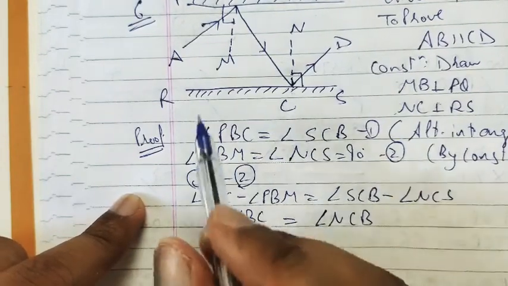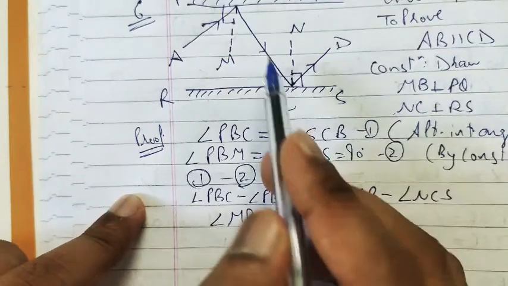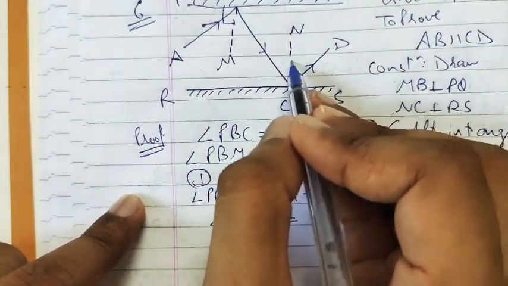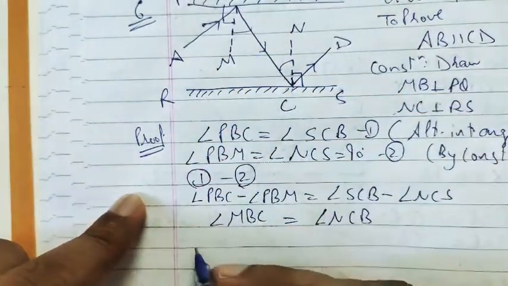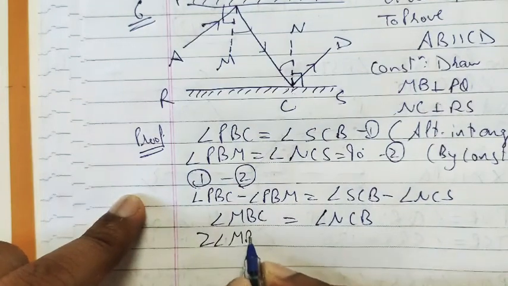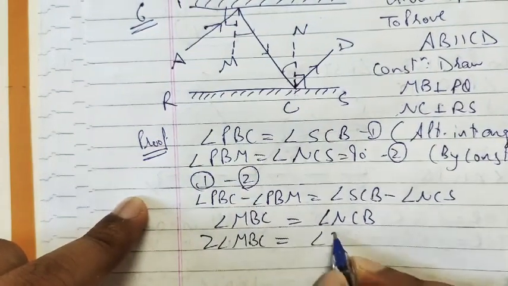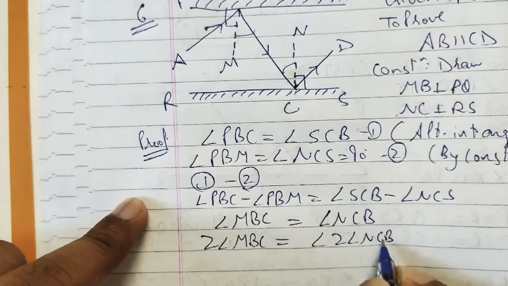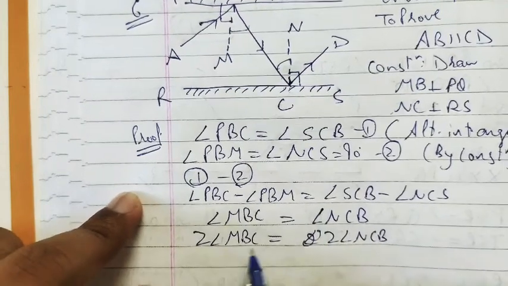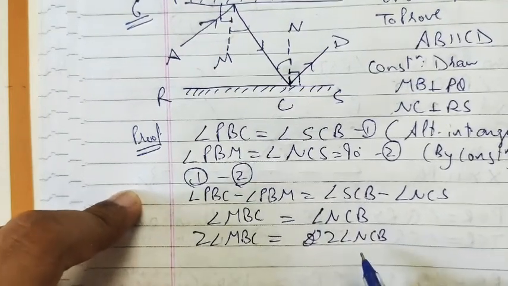So MBC is equal to angle NCB, right? So this angle is equal to this one. So twice of angle MBC will also be equal to twice of angle NCB.